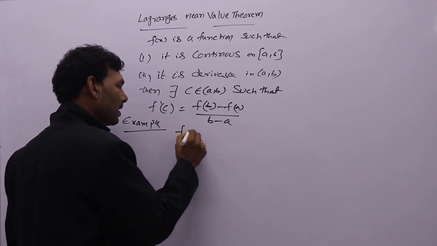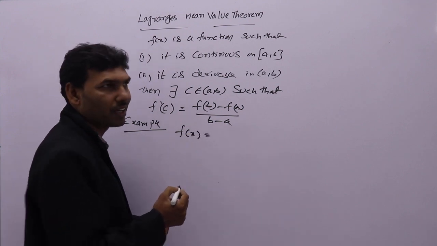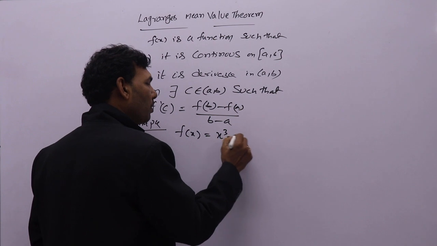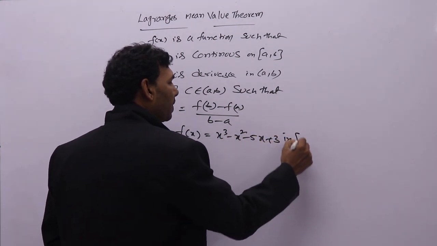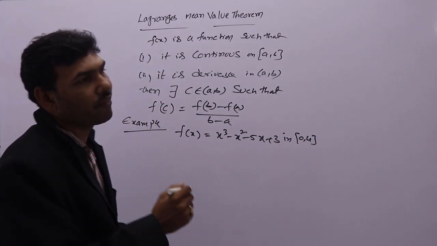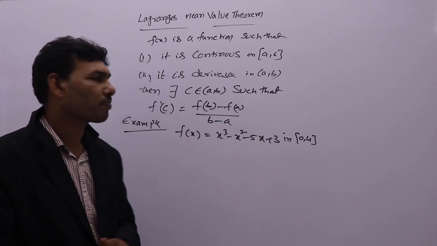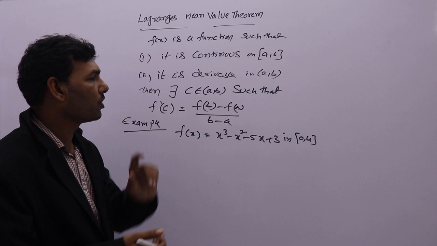Verify Lagrange's mean value theorem for the function x cube minus x square minus 5x plus 3 in the closed interval [0, 4]. I am going to check whether we can apply Lagrange's mean value theorem for this function.